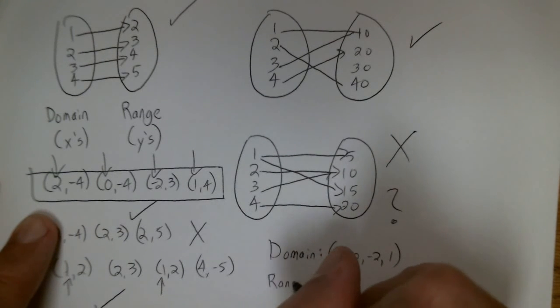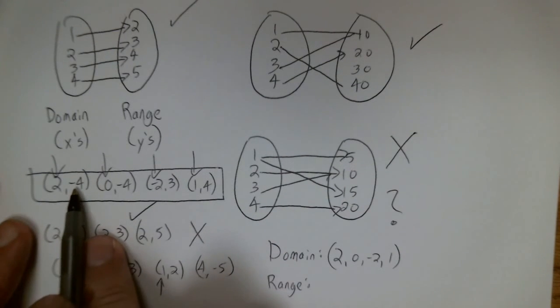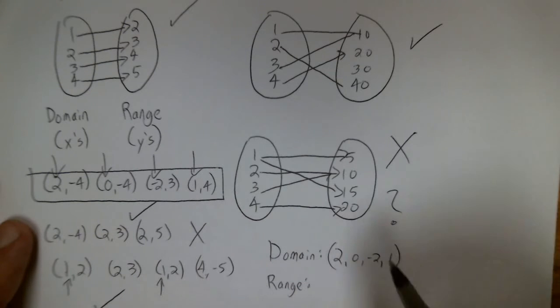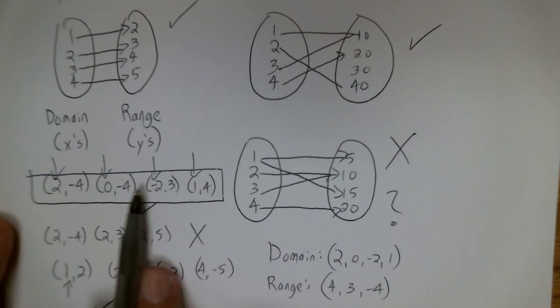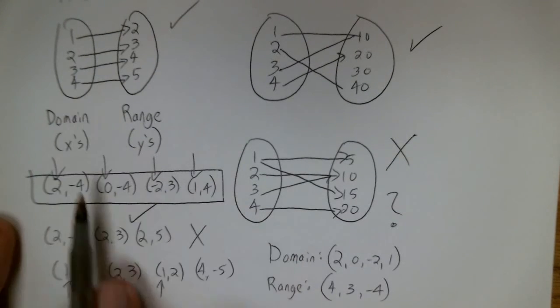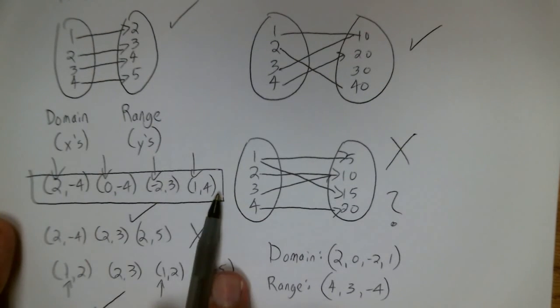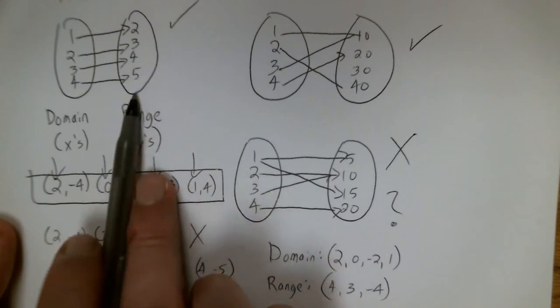The range for that one would just be all of my y values: -4, -4, 3, and 4. So I basically only have 3 different range values here. Your domain are your x values, or the values on the left in the ovals. Your range are your y values, or the values on the right in the ovals.